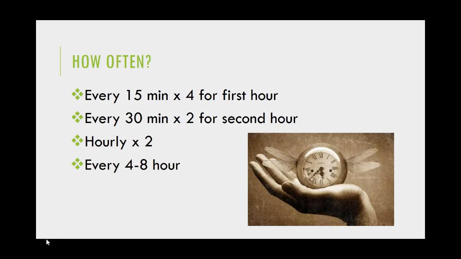So what normally you'll see is in the hospital after delivery, we will get vital signs every 15 minutes times 4 for the first hour, every 30 minutes times 2 for the second hour, and then hourly times 2, and then every 4 to 8 hours after that until discharge.